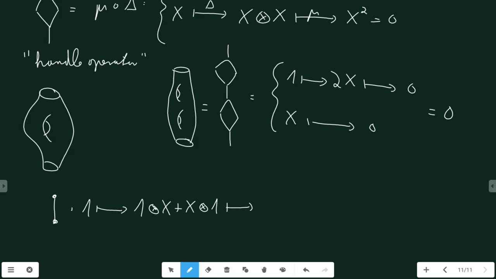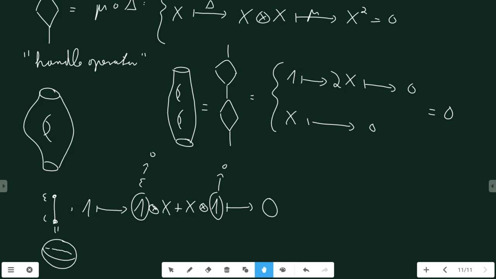Why? Because I would apply, so this is first iota then epsilon, and epsilon kills all those products because epsilon kills this guy. Okay, and in terms of topological diagrams, this is just a sphere.